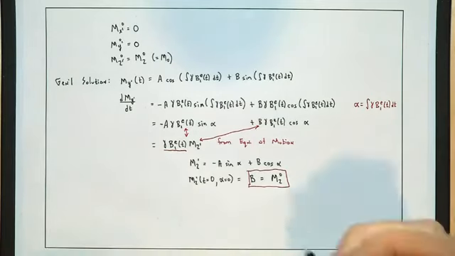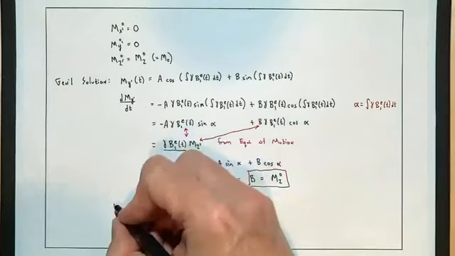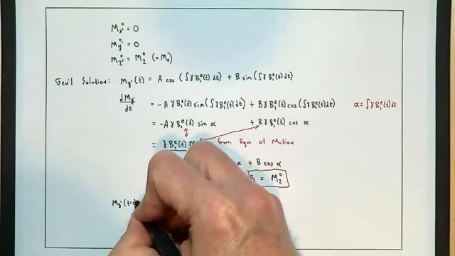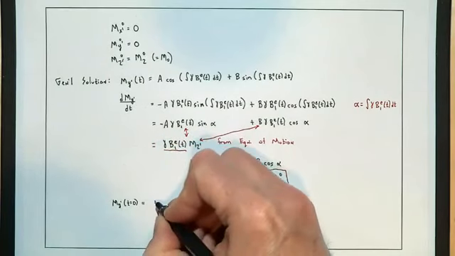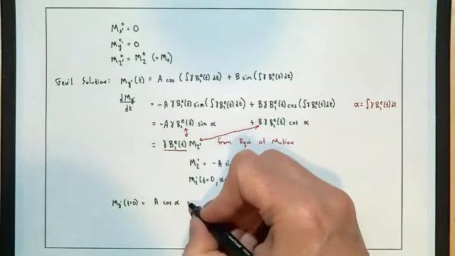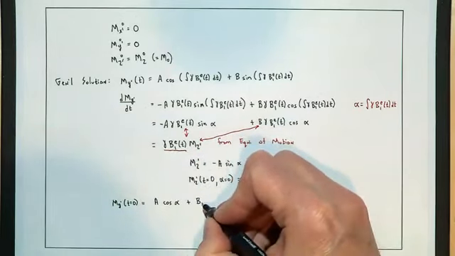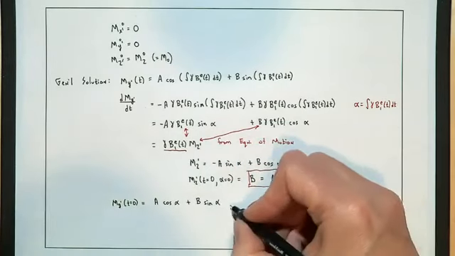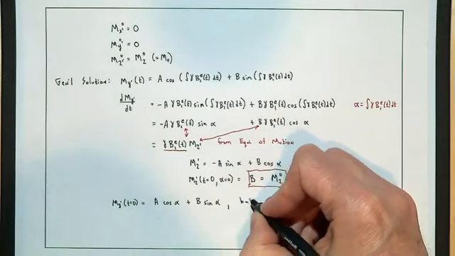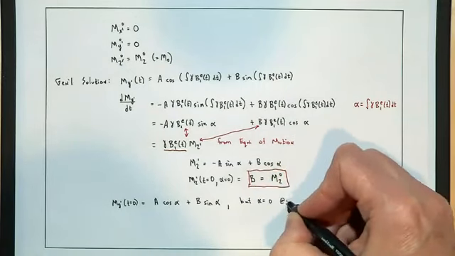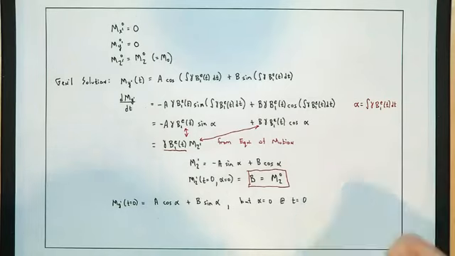We could go back to our my equation here and say that my prime of t equals 0 is equal to a cosine alpha plus b sine alpha. But recall that alpha equals 0 at time equal to 0.